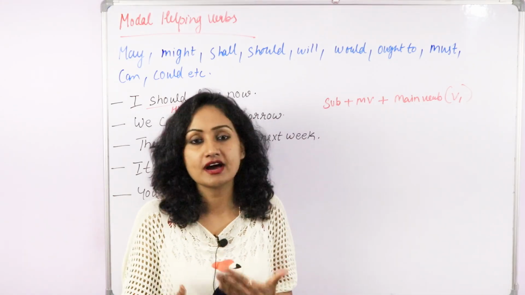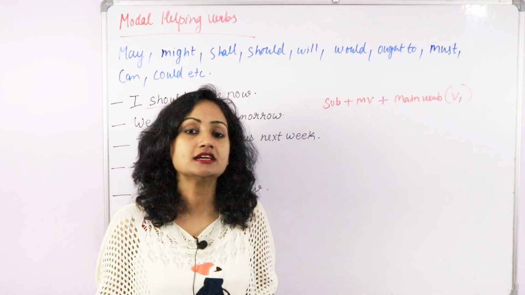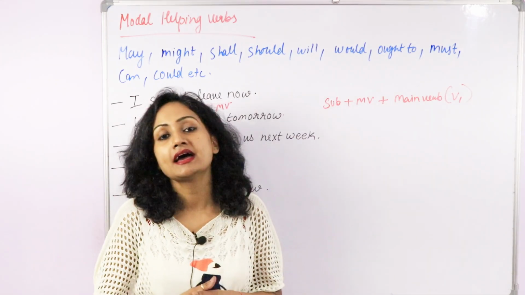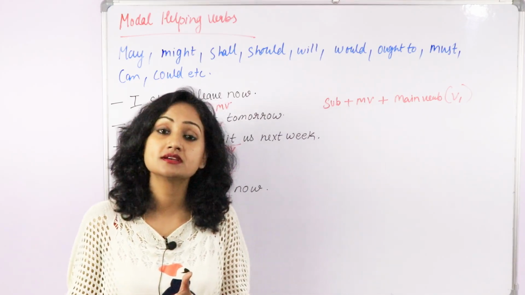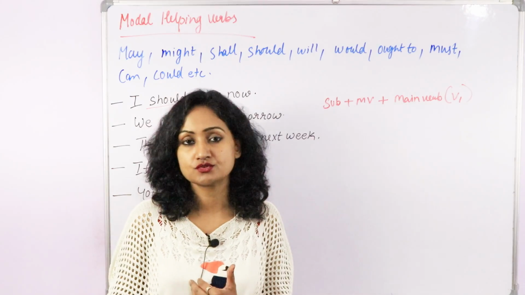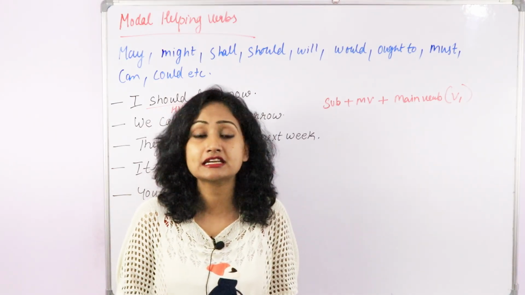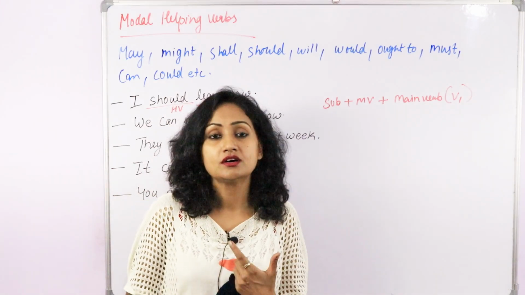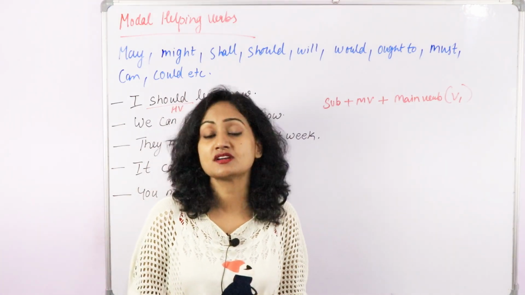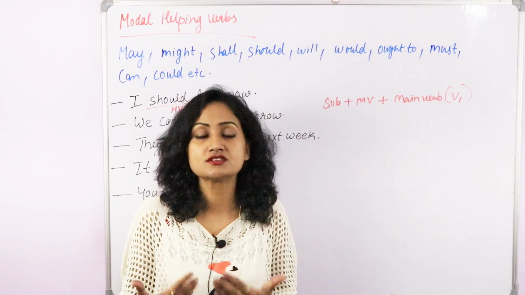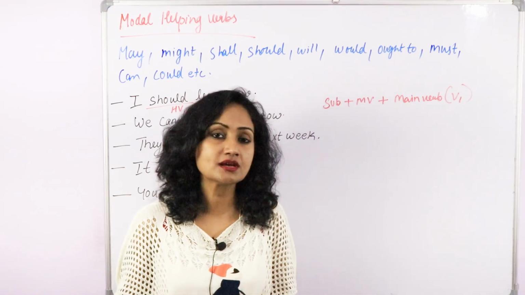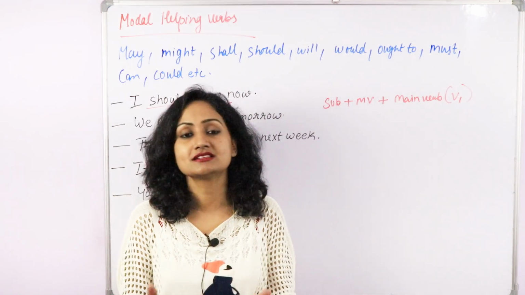Please revise so that you don't have any confusion with auxiliary verbs or helping verbs, and brush up your tenses also, because tenses are the basis. If you want to do modal verbs, auxiliary verbs, infinitives, gerunds, and passive and active, you need to brush up your tenses. They are very, very important. So please revise tenses regularly so that you don't forget. Start using them in your day-to-day conversation and keep learning.